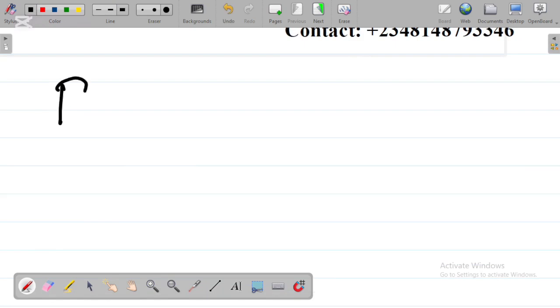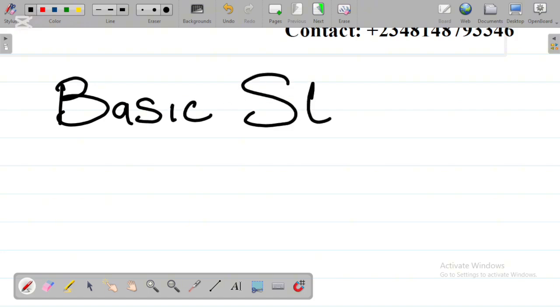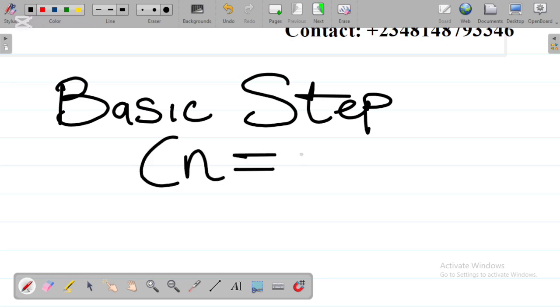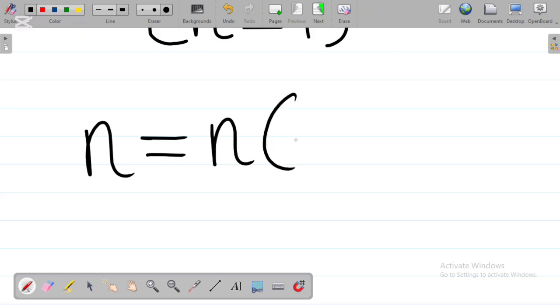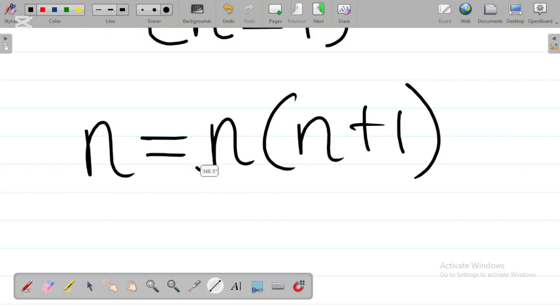Alright, let's start with the basic step. For the basic step, we have that n is equal to 1. From the question, we have that n is equal to n open bracket n plus 1 divided by 2.